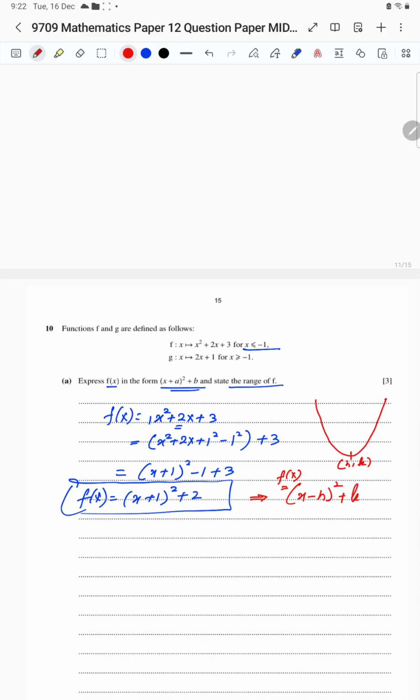We know this rule, so here the turning point will be minus 1 and 2. So we are looking for the range, which will be from this point upward. So range of f of x will be greater than or equal to 2. I hope you got it.